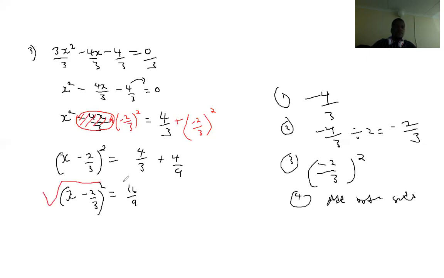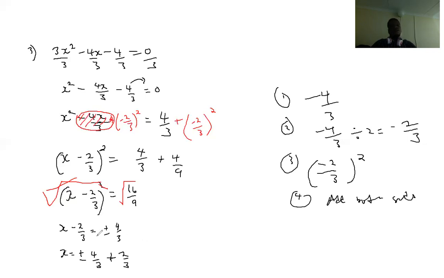Now, square root. So this cancels that one. Then we are going to get x minus 2/3 is equal to plus or minus 4/3. Okay, x is equal to plus or minus 4/3 plus 2/3.